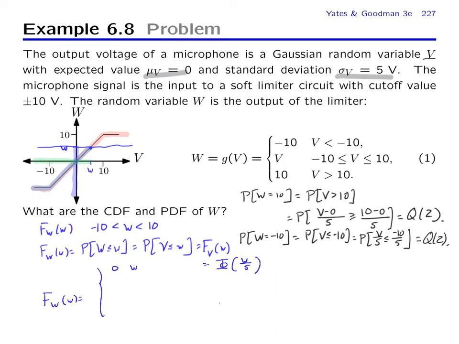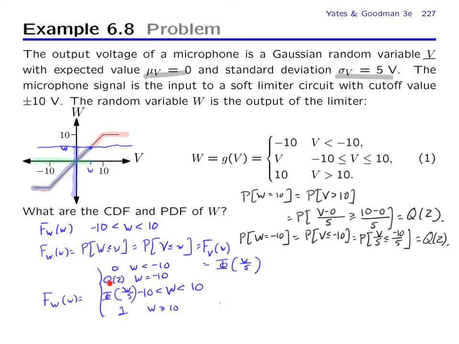So this is 0 for w less than minus 10. It's equal to Q of 2, as we found earlier, at w equals minus 10. It's equal to phi of w over 5 for w strictly between minus 10 and 10, and it's equal to 1 for w greater than or equal to 10. And then we keep in mind that at w equals minus 10, this limit is phi of minus 10 over 5, phi of minus 2.